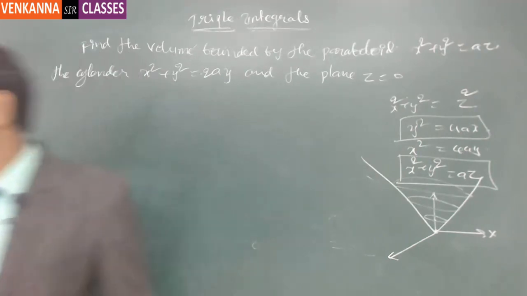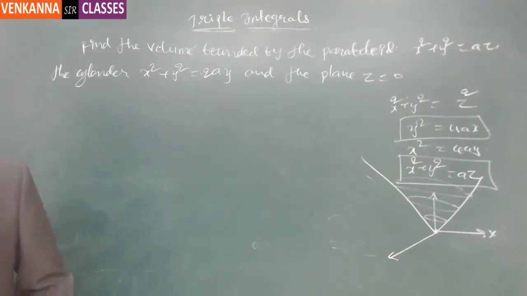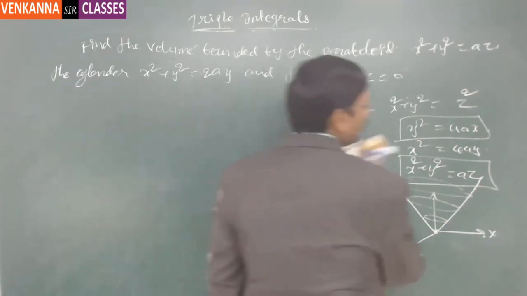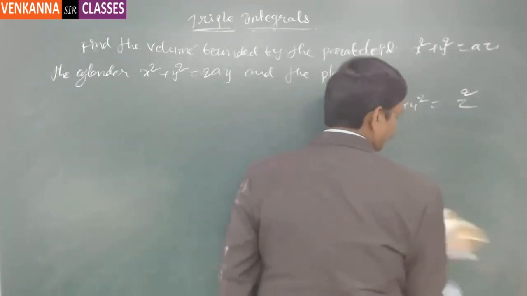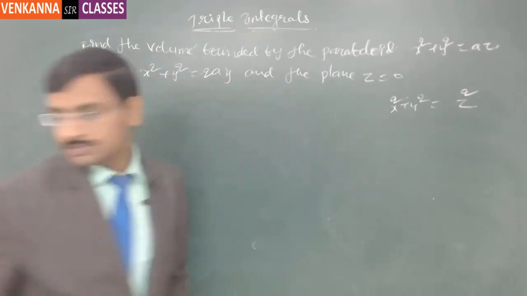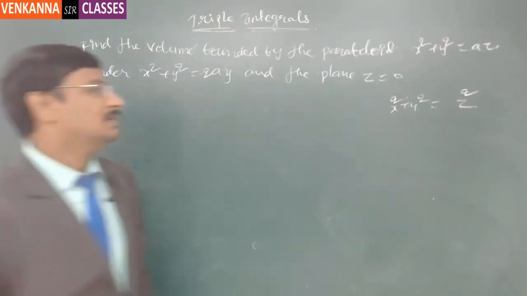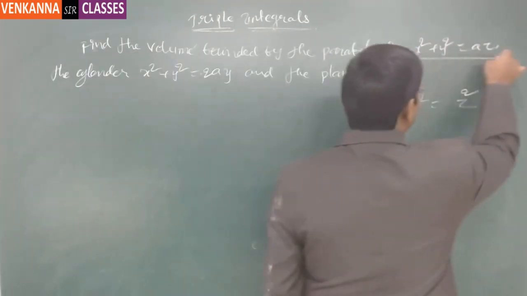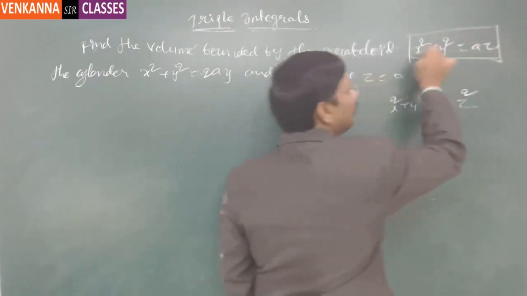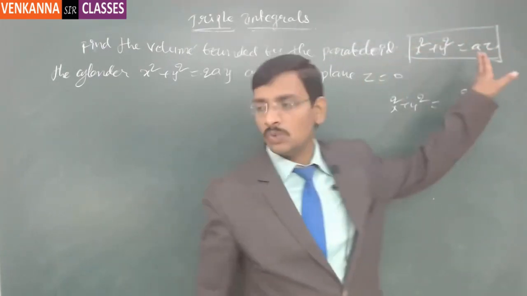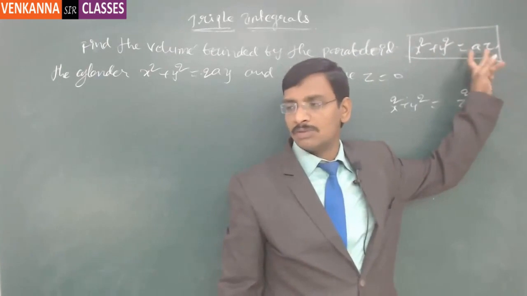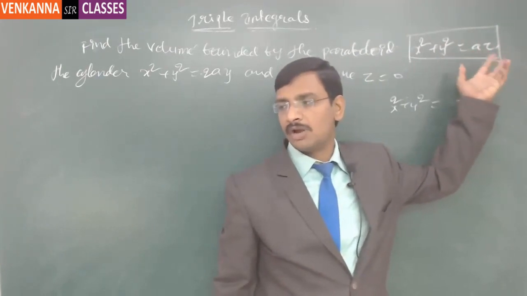Right? So this is how you have to identify the shapes. In 3D you have to be quite familiar with the shapes. Some of the shapes you can identify easily, that is x square plus y square is equal to az. In this, there are two squares and another one is only power 1 with some constant. The constant may be there or may not be there.